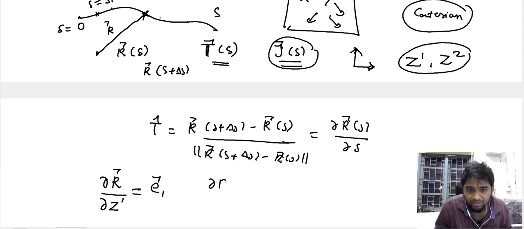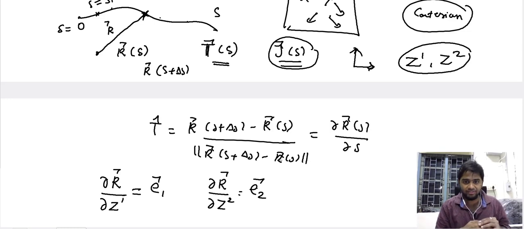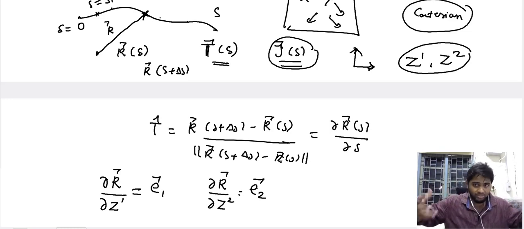In the same way, the partial derivative of the position vector with respect to the other coordinate will yield us another generic vector. So what we have done is we now have two basis vectors that we are familiar with, that we can understand.